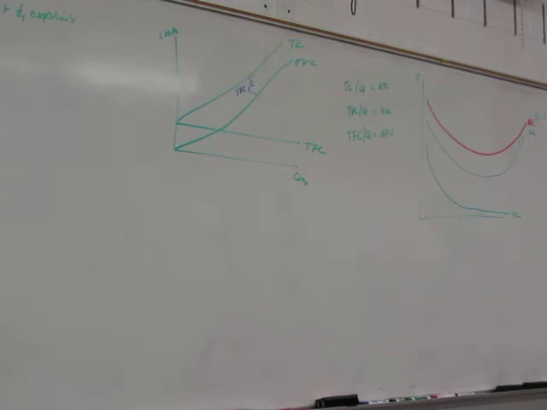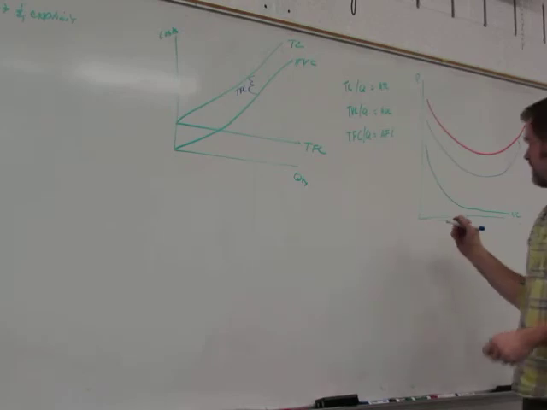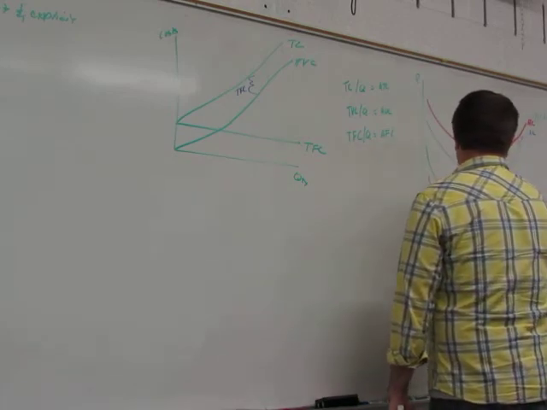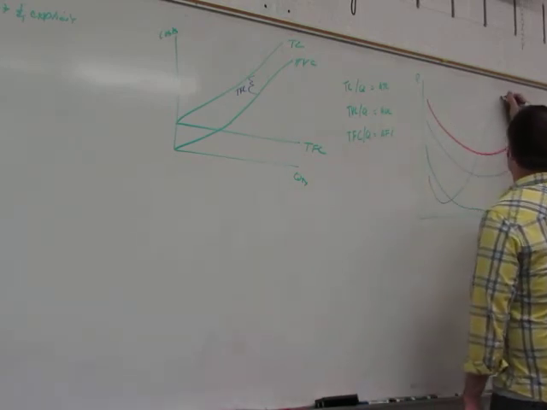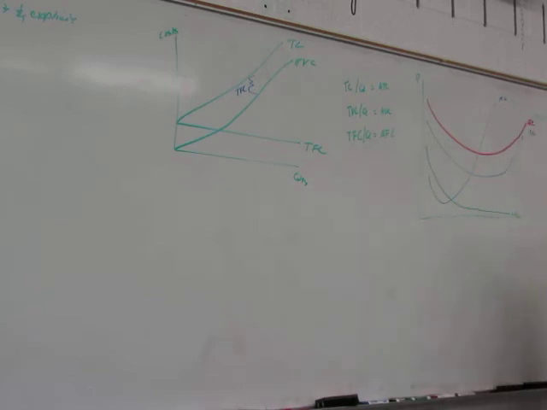And then there's one last curve to put on here. Our marginal cost curve is the Nike swoosh curve. And that is going to intersect, doesn't quite look like it on mine, but it's going to intersect ATC and AVC at their lowest points. And that's due to the law of averages.